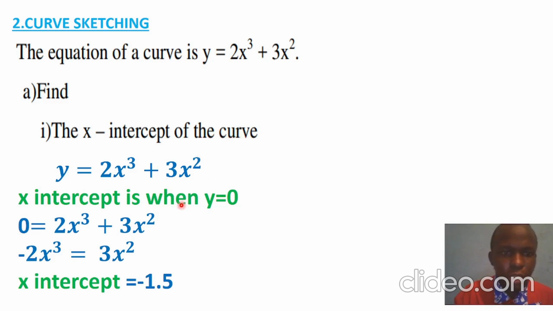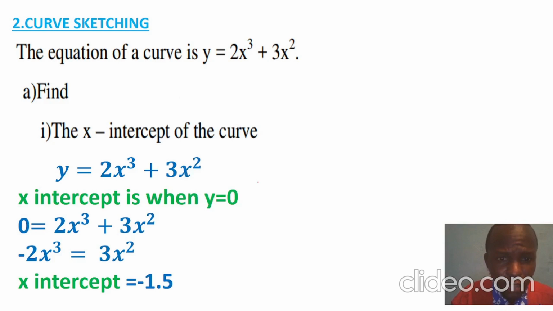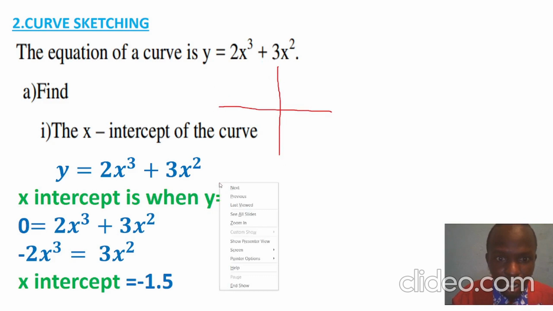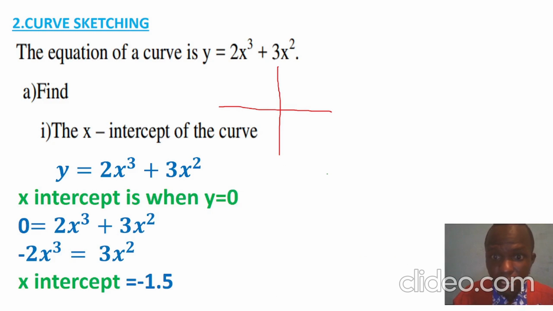Now, the x-intercept is the point where the graph, or rather the curve, touches the x-axis. Let's say that's the Cartesian plane, and let's say this is our curve.